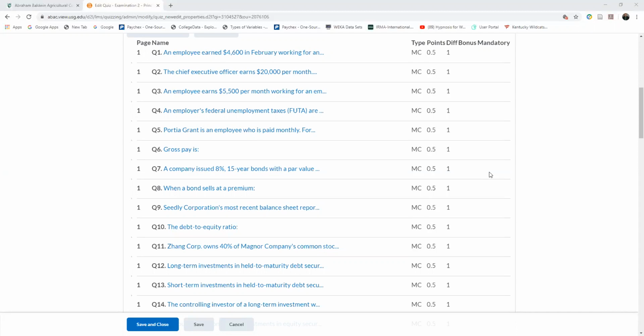If you look at the first 6 questions, those are all based on payroll. What you're going to be asked to do in most of these questions is either compute the taxes or understand that there is a limitation placed on Social Security.